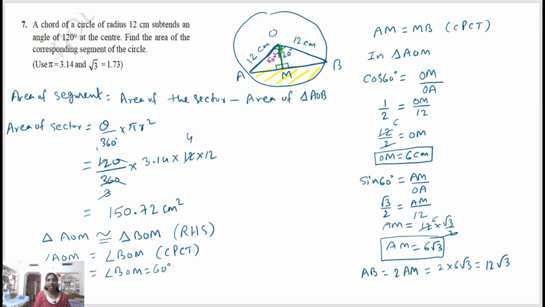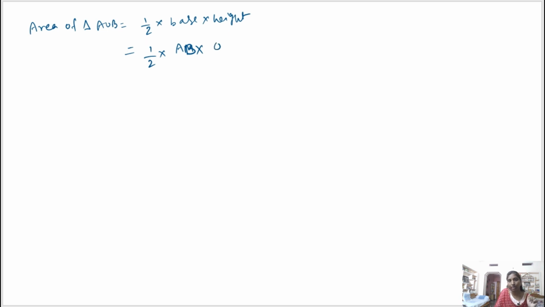Now what is the area of the triangle? The area of triangle AOB is half into base into height. Here, 1 by 2 into the base, which is AB, and the height, which is OM.